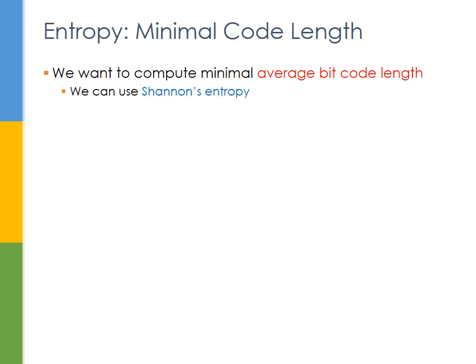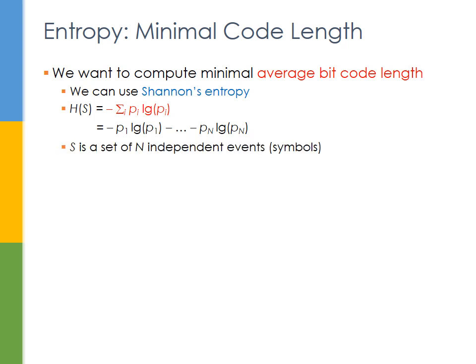Now, we can compute this value using Shannon's entropy, and over here we have the formula for computing Shannon's entropy. So in this formula, S then is a set of n independent events, and in our context we consider events to be symbols that we need to encode. So in other words, there are n different symbols that we need to be encoding by means of bit sequences. We also have the set P, and P contains all of the probabilities of these n events.